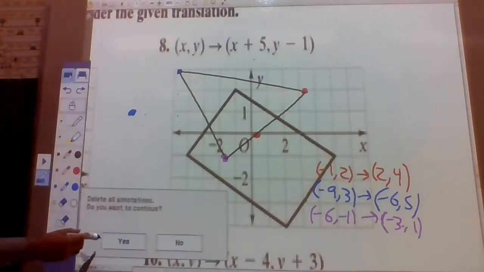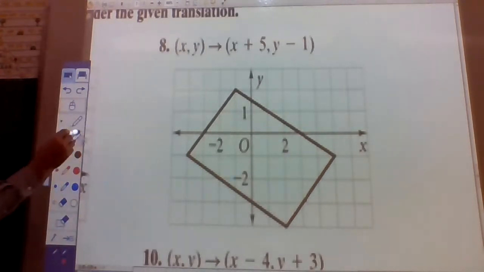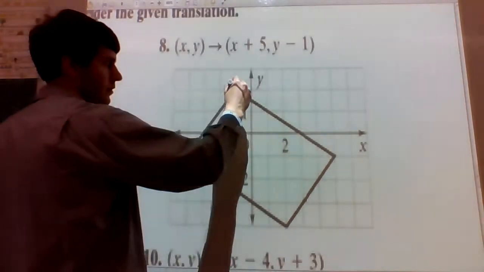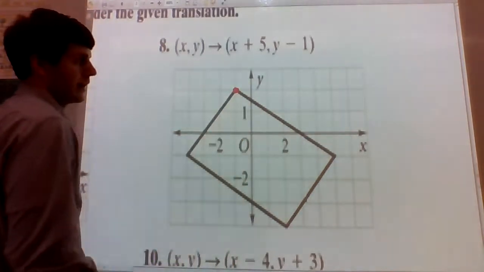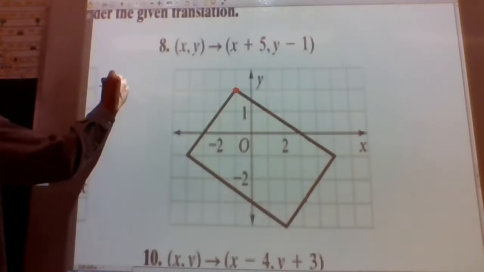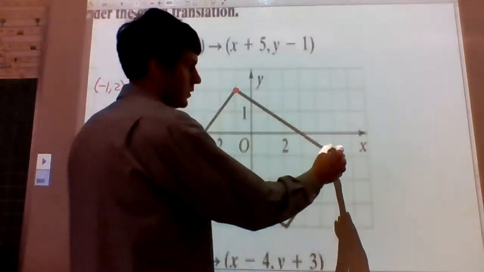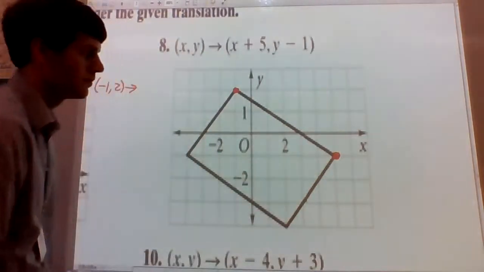Okay, so we're going to have 4 points here. I'm just going to do these all in red, I think. That is -1, 2. This one is going to be 5, -1.